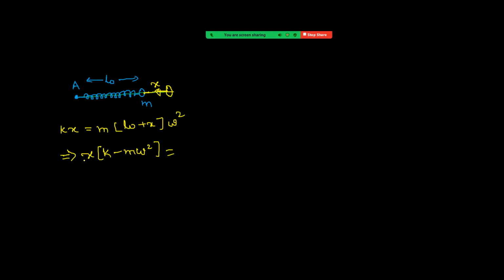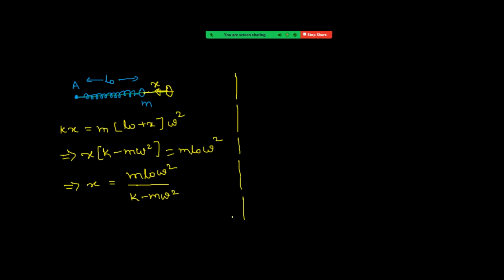So x times k minus m omega square is equal to m L naught omega square. So from this x value is known, elongation of the spring, m L naught omega square upon k minus m omega square, right? Now focus, work done.